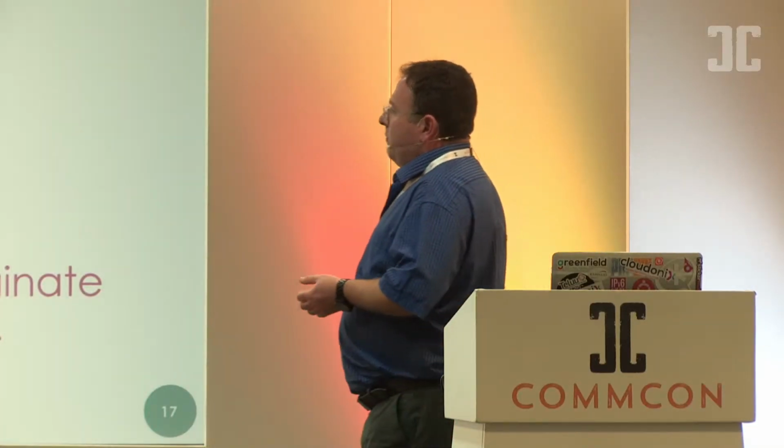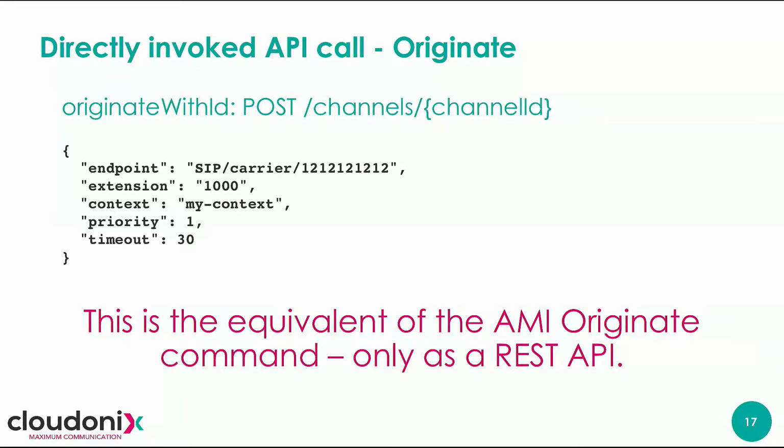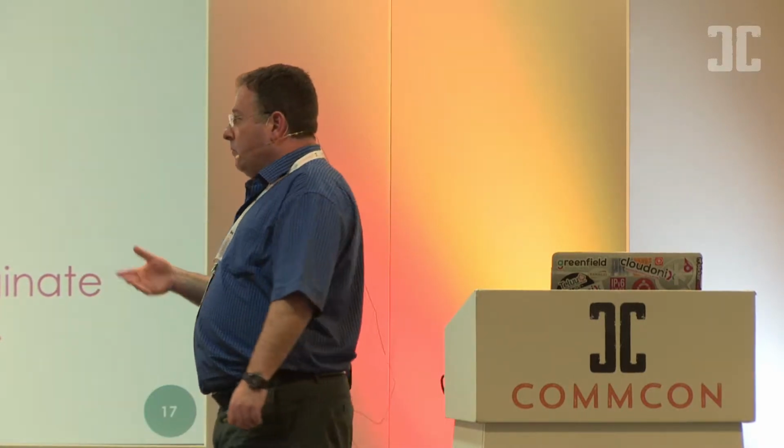Inside ARI, we have two types of requests. Normally you would connect to the Asterisk ARI WebSocket, and you can then issue an HTTP request into Asterisk asking it to do something. Now, some requests are what I call independent. For example, originate.